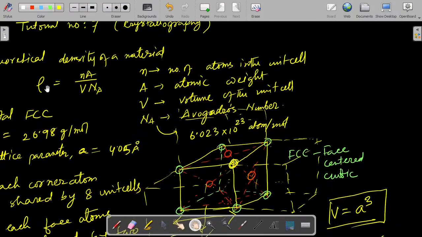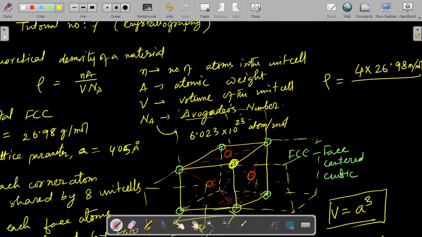Now we can use this formula to find the theoretical density. The theoretical density rho is equal to N, which is 4, times A, which is 26.98 grams per mole, divided by the volume, a cubed.